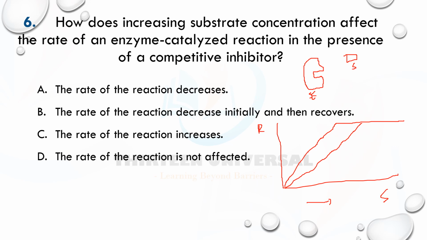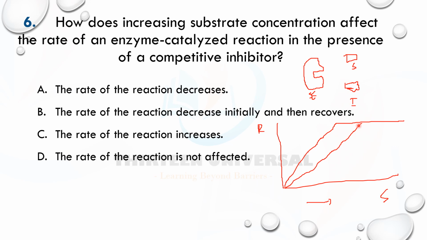And then we have the inhibitor. The inhibitor looks like this. It's similar to the substrate, but it's not exactly the same thing as the substrate, but it's similar and it's complementary to the enzyme. So you see, when you increase substrate concentration, the reaction will still increase.